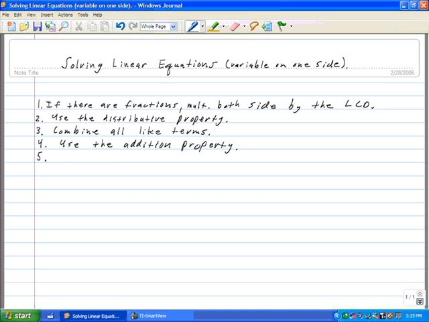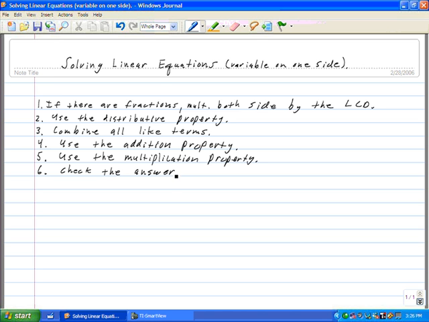Step number 5 is to use the multiplication property. Using the multiplication property should give you the final answer, and of course once you get that final answer, the last thing we always have to do is check the answer.